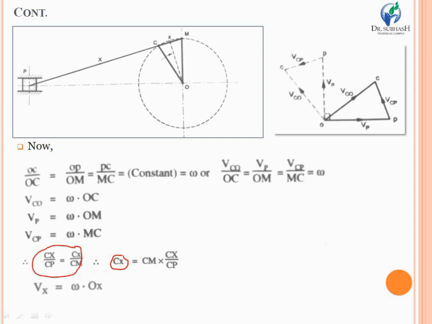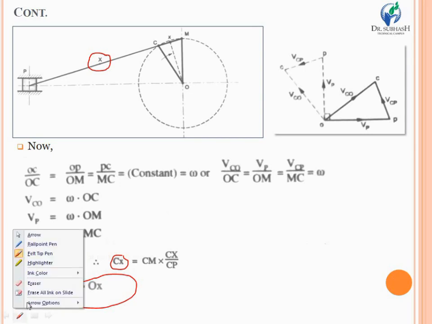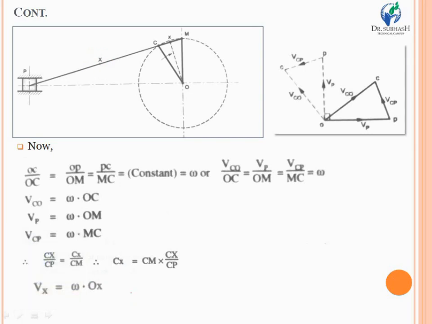So you will have Cx is equal to Cm into Cx upon Cp. Again, Vx can be calculated, that means the velocity of point x located on connecting rod PC can be calculated by using the relation omega into Ox. So this is how we can calculate the velocity of any point located on the connecting rod at any distance from either end.